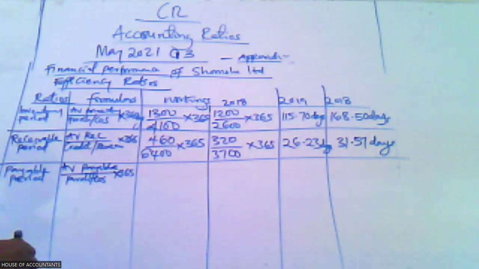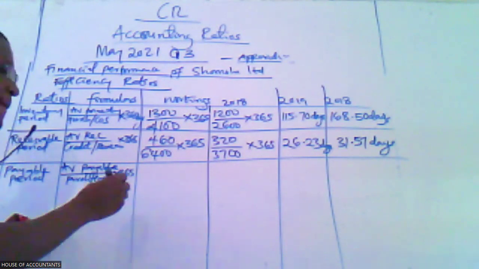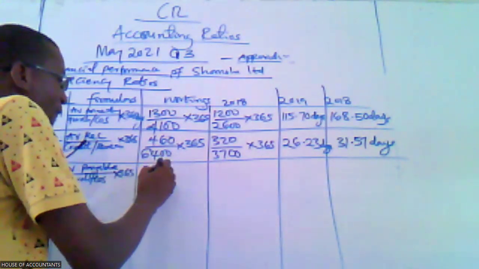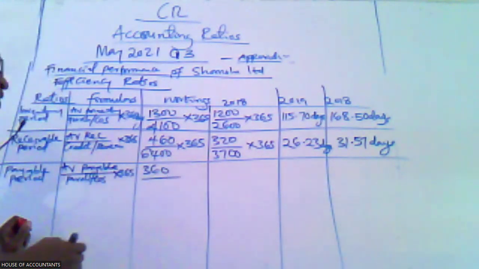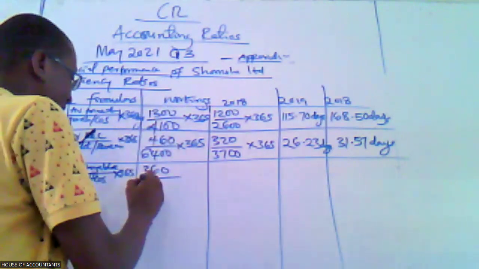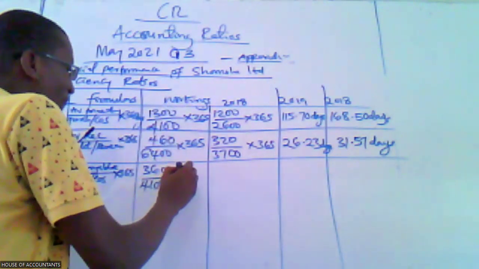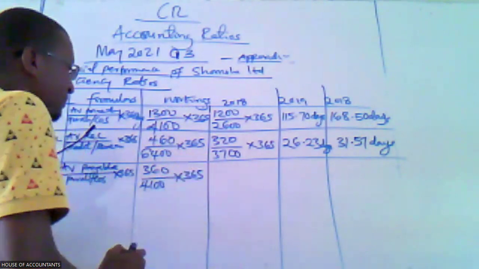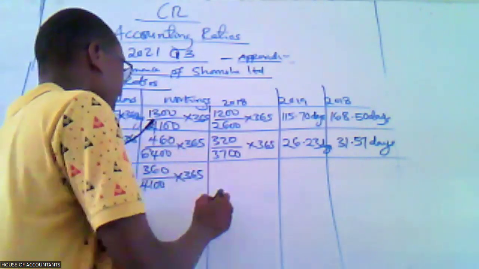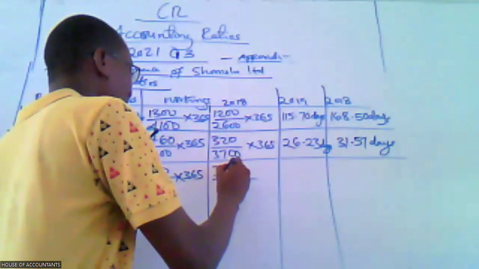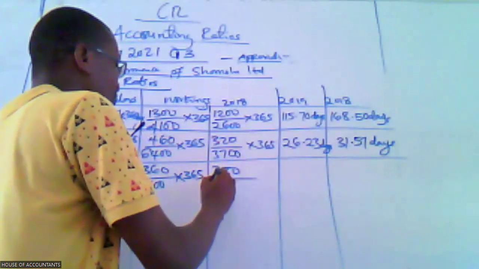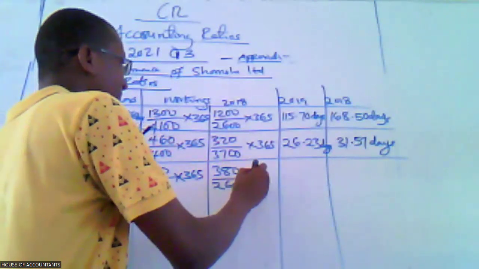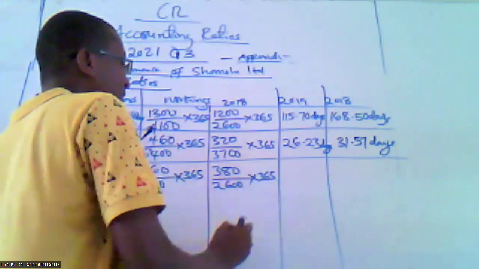What's our payable for 2019? 360 over our purchases 4,141 multiplied by 365 days. For 2018, 380 over 2,600 multiplied by 365 days.